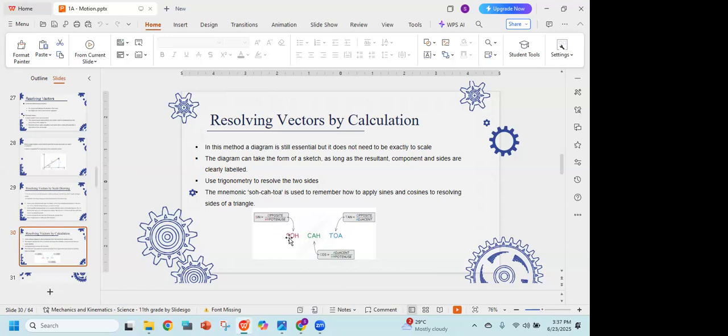Cos is adjacent over hypotenuse, CAH for short. Tan is opposite over adjacent. We say this for convenience, to understand without getting confused.